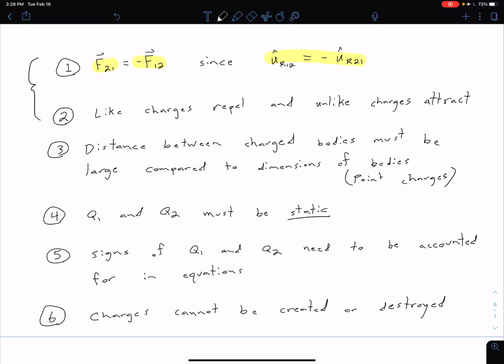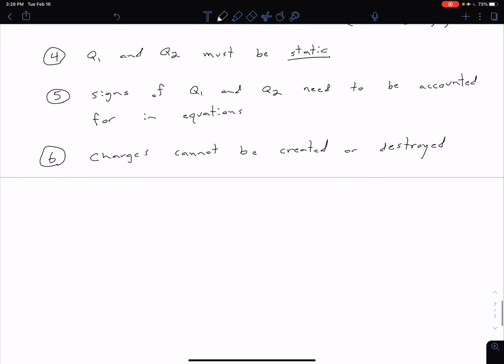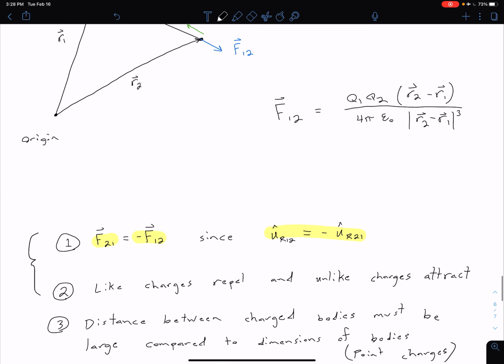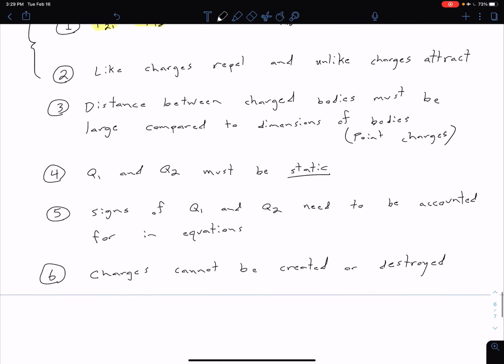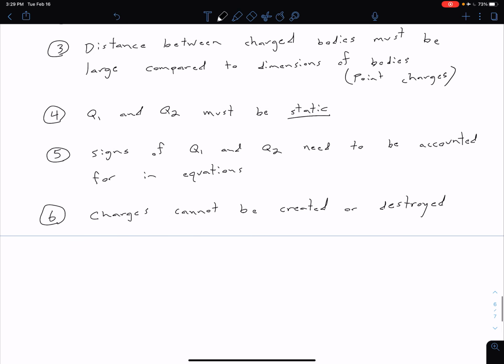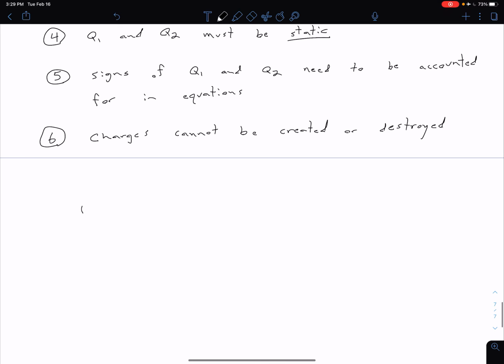One additional thing that we want to talk about in this video is that here we have the simplest case, really, of just 2 point charges. How do we handle this if we have more than 2 point charges? Well, we can use the principle of superposition.